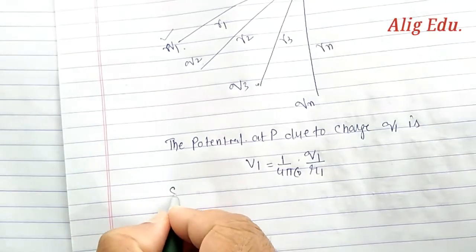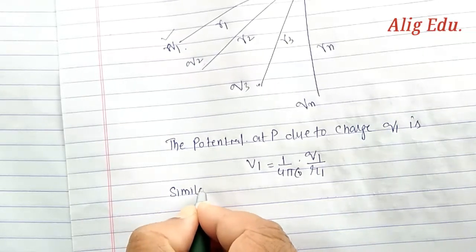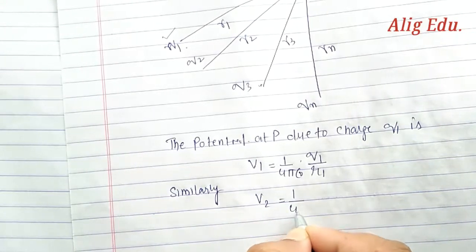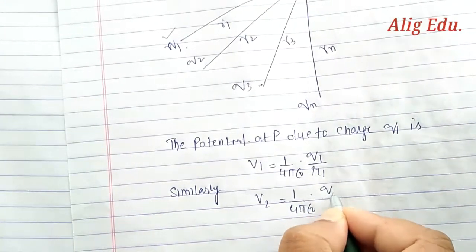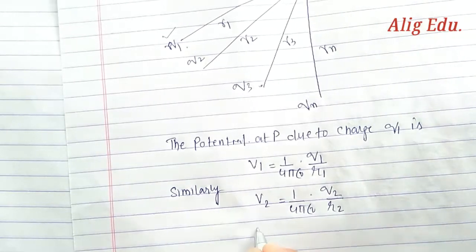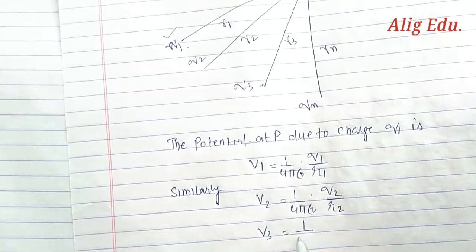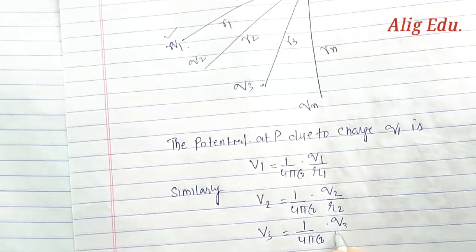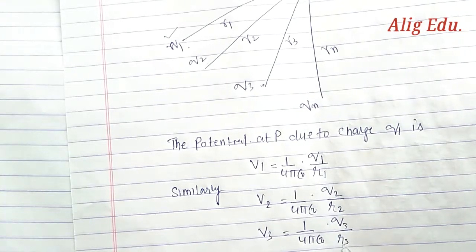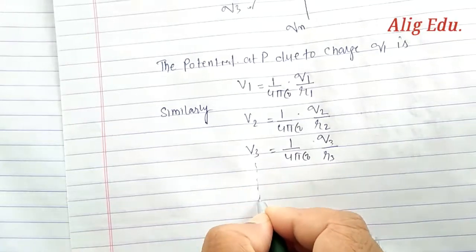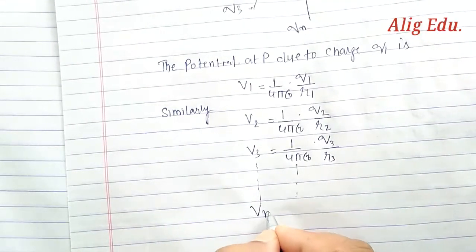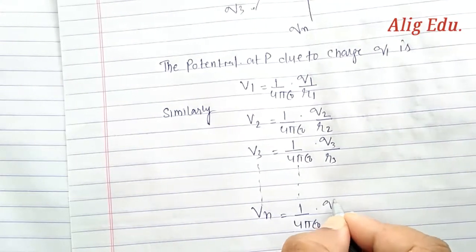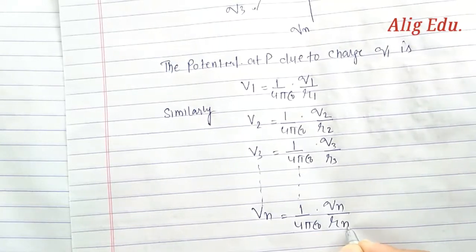Similarly, V2 is equal to 1 upon 4 pi epsilon naught Q2 by R2. V3 is equal to 1 upon 4 pi epsilon naught Q3 by R3, and Vn is equal to 1 upon 4 pi epsilon naught Qn by Rn.